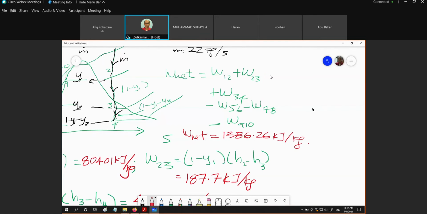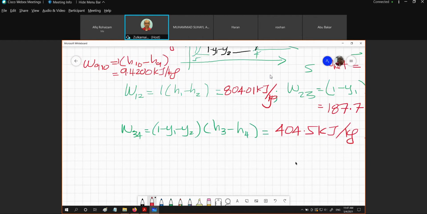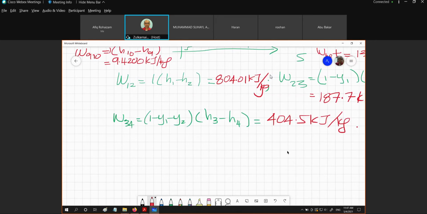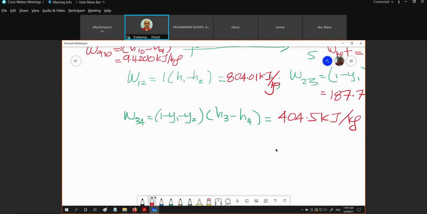What do you think that we should find in the next parameter? What you want to know? You want to know how good is your plant. So what determines how good is your plant? Efficiency. Yes, our thermal efficiency, which is equal to the W net divided by the Q in.